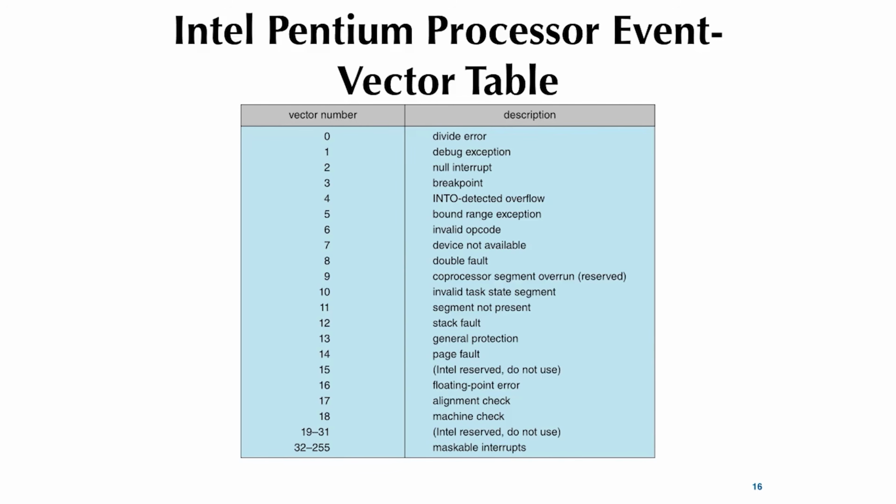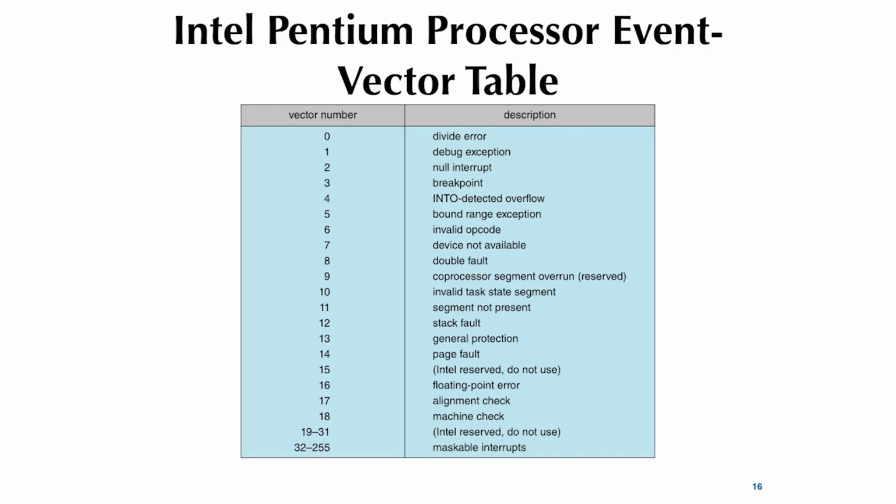Okay, so now this would be the event vector table for the Intel Pentium processor. What this includes is not only I/O, but other things that also use the interrupt mechanism. So these are errors. They're called exceptions.